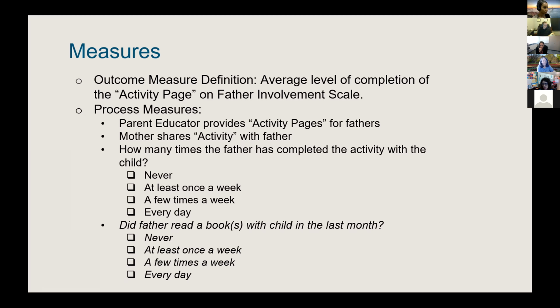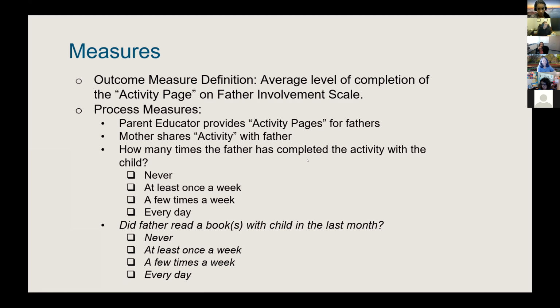The scale was never, at least once a week, a few times a week, or every day. We also incorporated reading a couple years ago, not only the activities. If fathers were not able to do the activity, they could at least read books with their children. It was the same measurement: never, at least once a week, a few times a week, or every day.